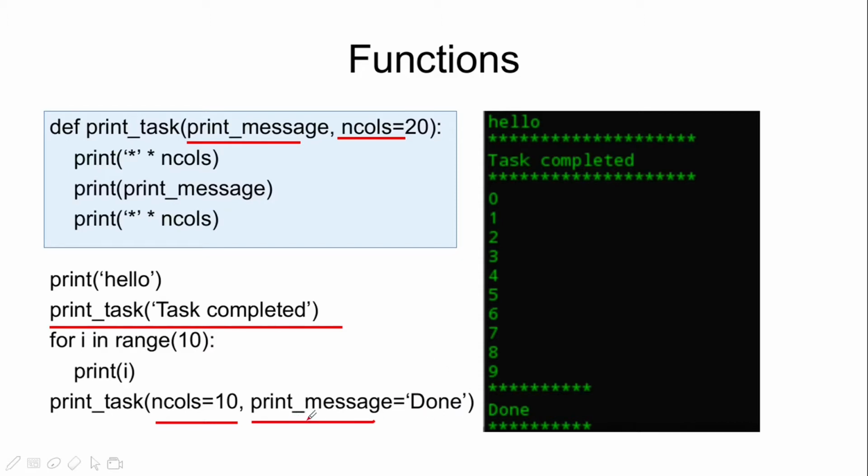If I pass the parameters this way, this is called keyword parameters or keyword arguments. And since I'm using a keyword, the order doesn't matter. But if I'm using positional parameters, it means that the order matters.